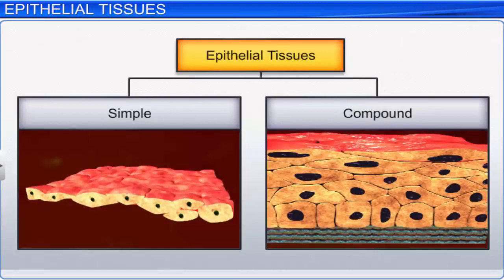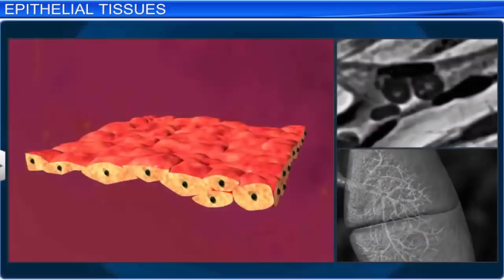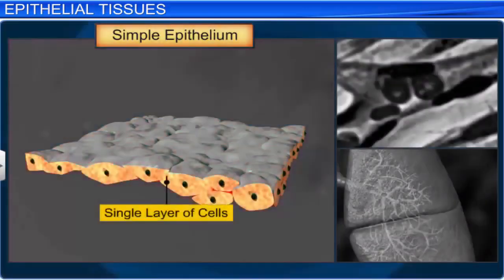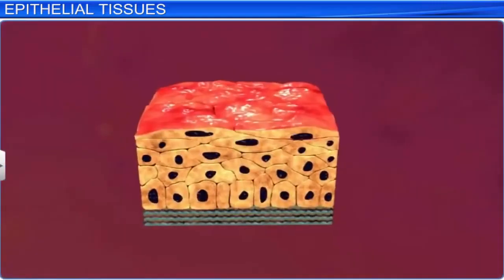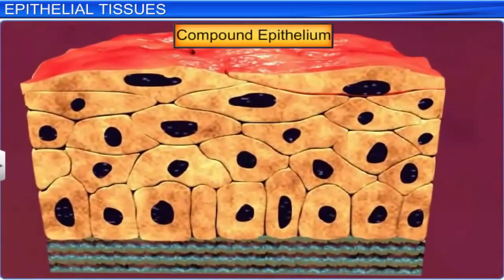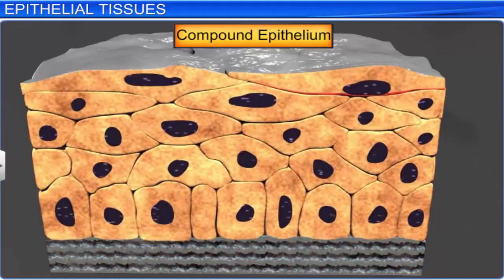Epithelial tissues are of 2 types, simple and compound. Simple epithelium consists of a single layer of cells and serves as a lining for body cavities, ducts, and tubes. Compound epithelium consists of 2 or more layers of cells.